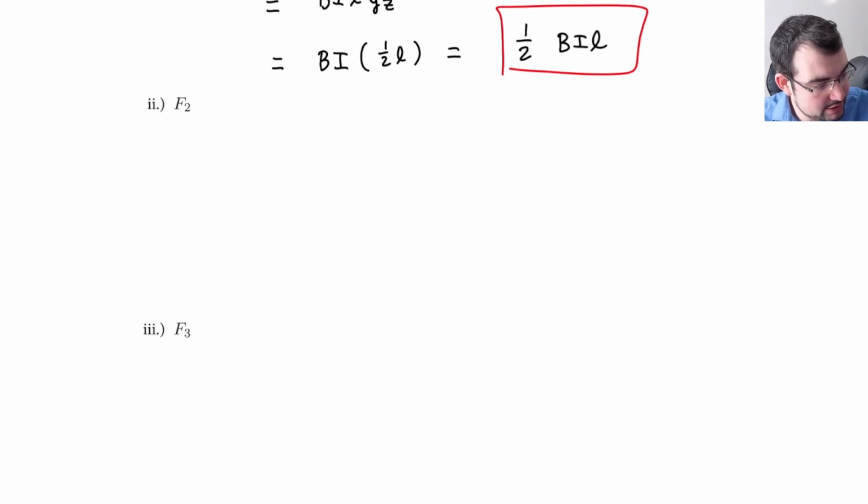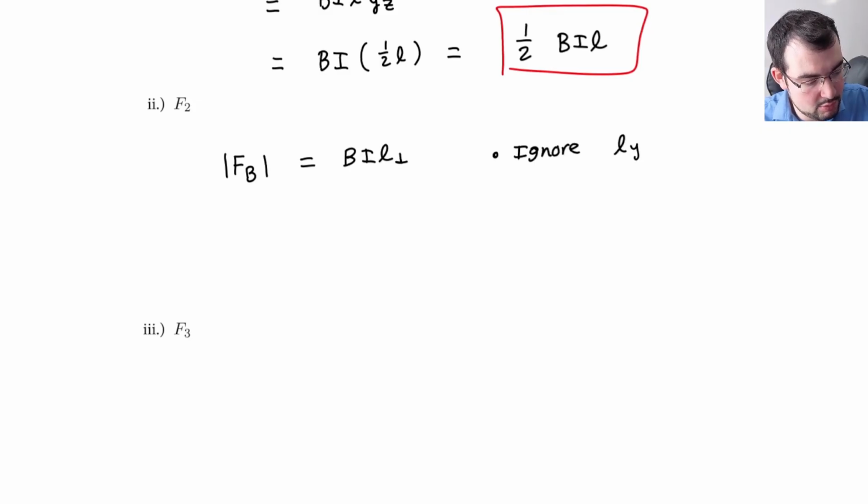Same idea down here, except it's just the other component. Our magnitude is BIL perpendicular, and in this case we ignore the length in the Y direction.